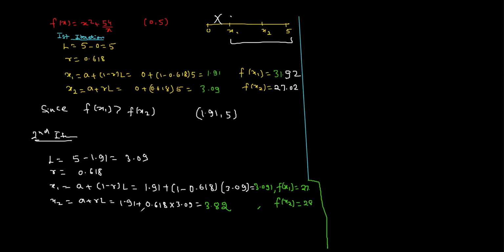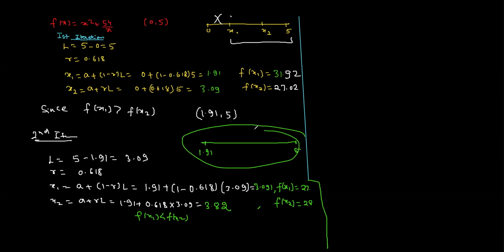So here again fx1 is less than fx2, right? So in the second iteration, this is A and this is B. When you draw this, always try to draw it so that you can discard easily. So x1 is what? 3.09 and 3.82.